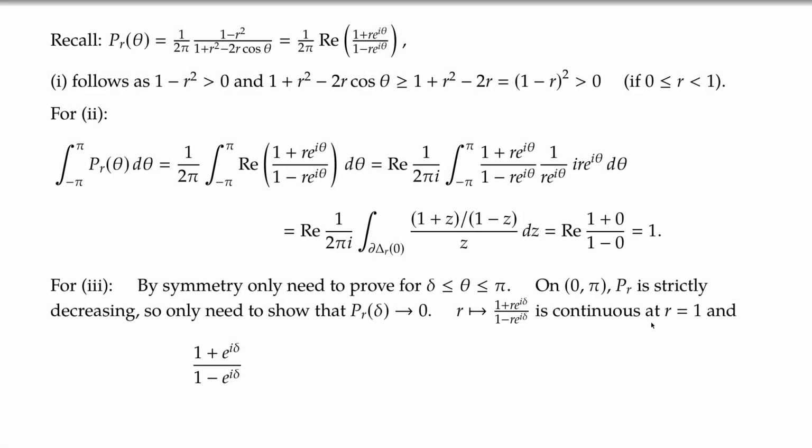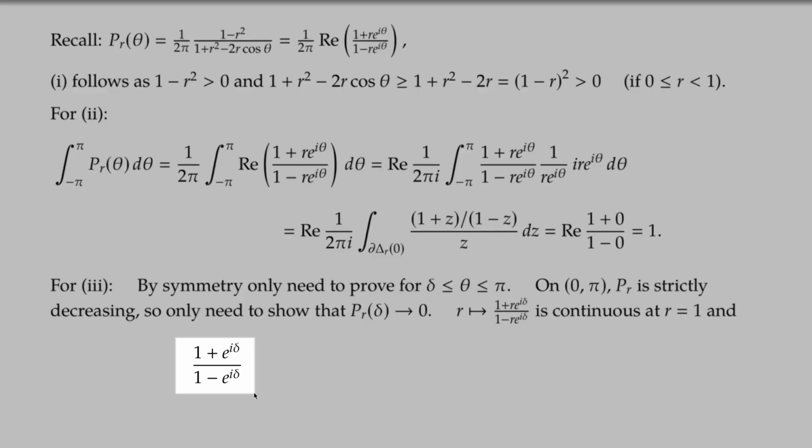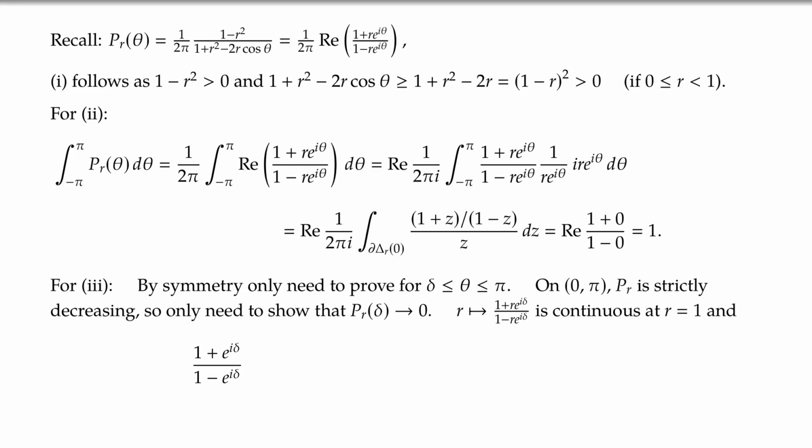So it's continuous at r equals 1, and so we can just plug that in and see what this function is at r equals 1. We make the denominator real by multiplying by the complex conjugate.